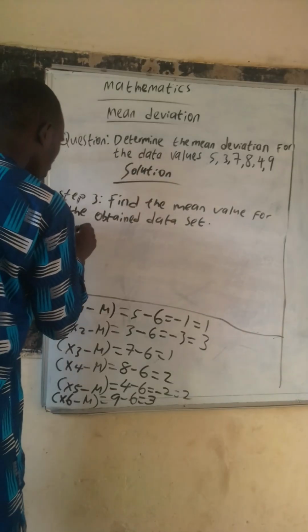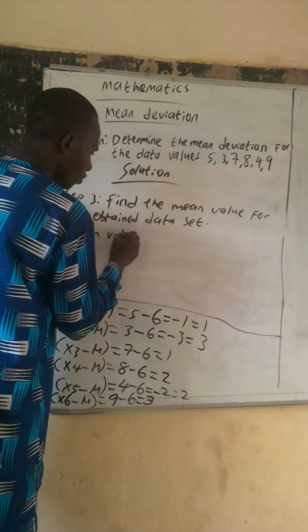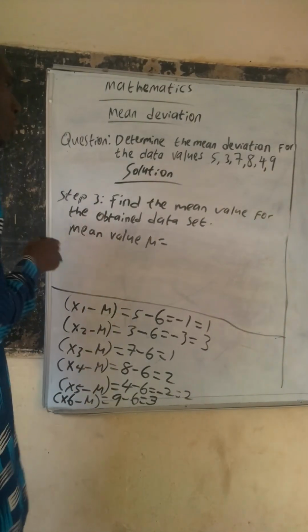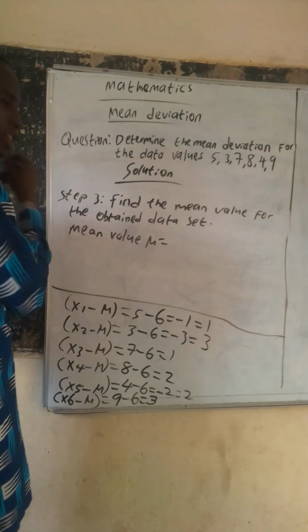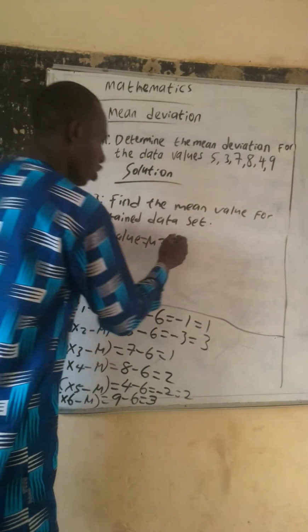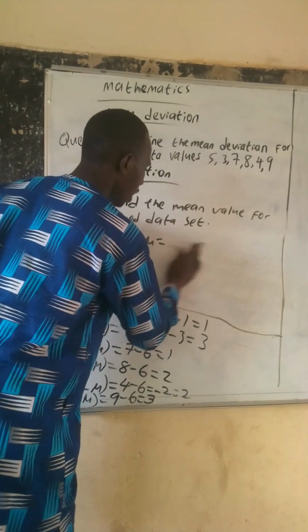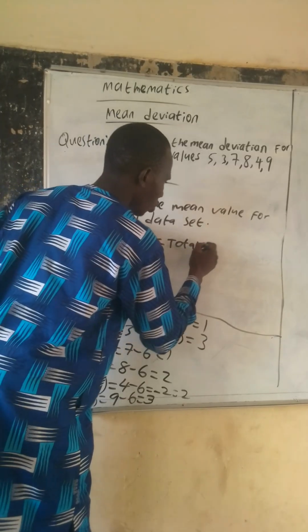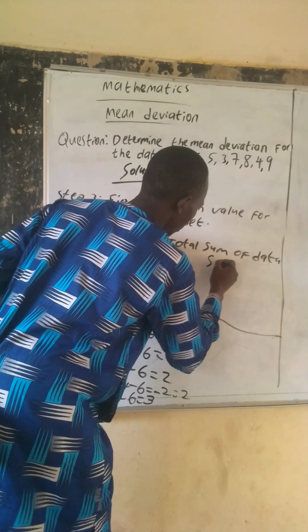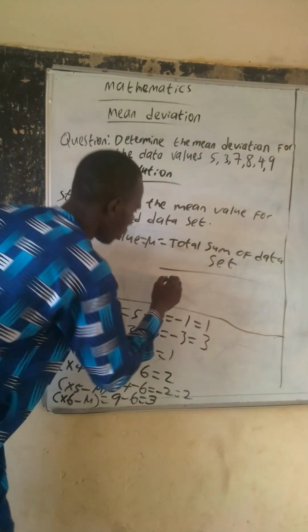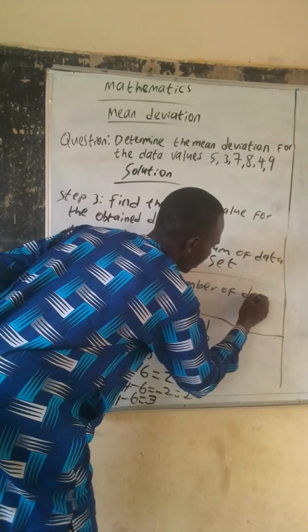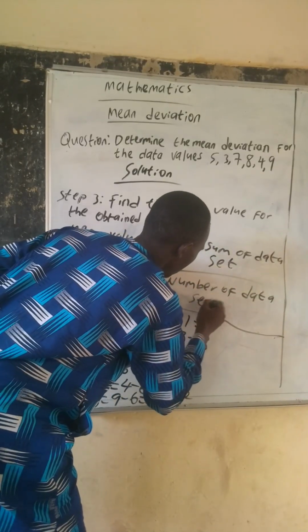So let's find the mean value for the obtained data set. As usual, mean equals the total sum of the data set divided by the number of data sets.